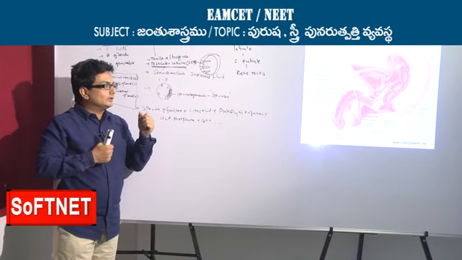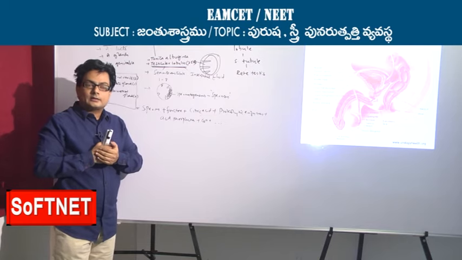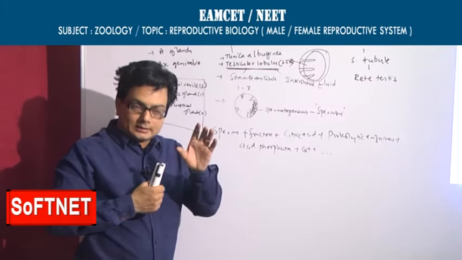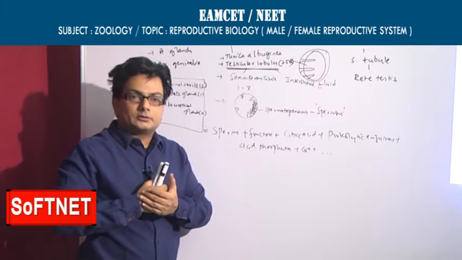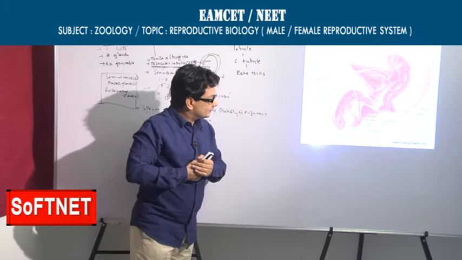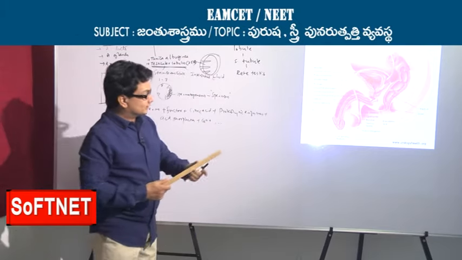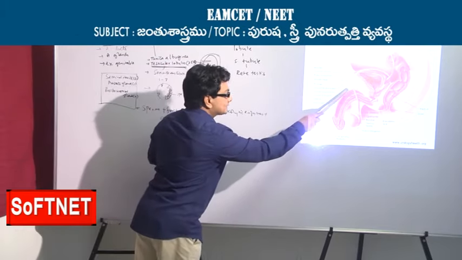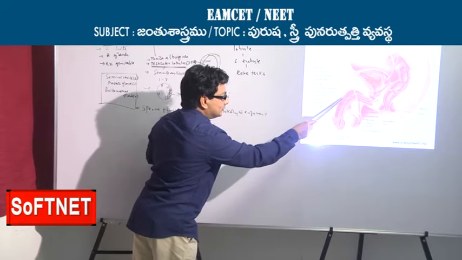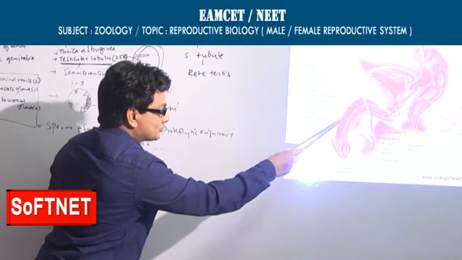Let's see the picture here to understand the basic structure of the intromittent organ called the penis. The penis is a part of the external genitalia, and this is the skin which is present on the penis.